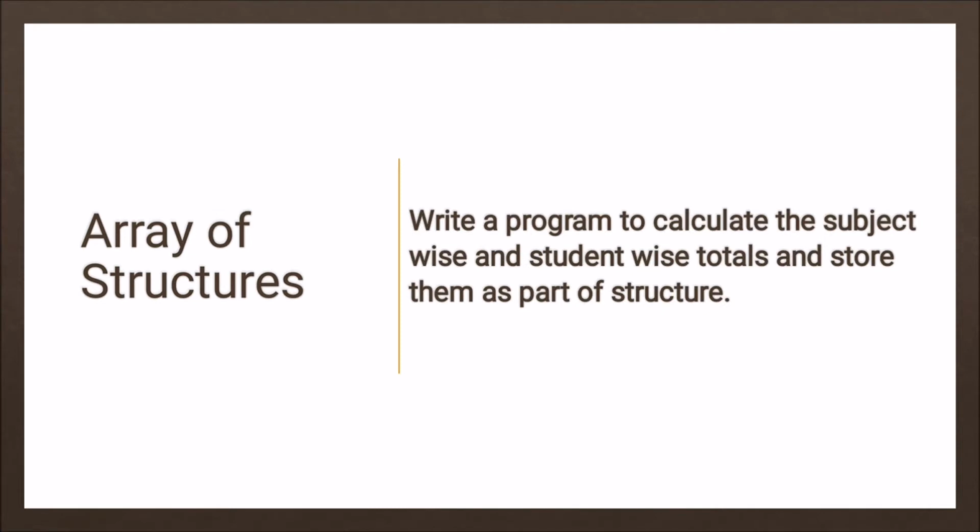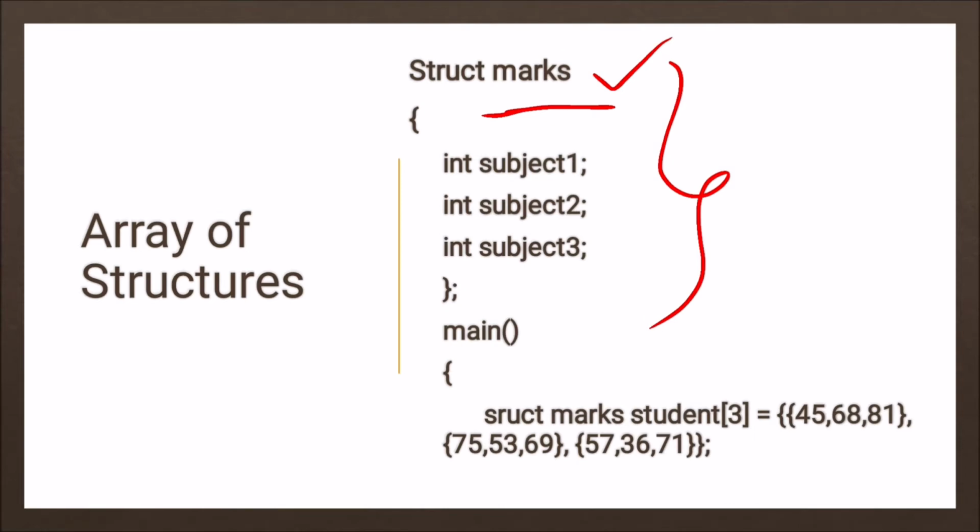Okay. So let us see the example in C: write a program to calculate the subject wise and student wise totals and store them as a part of structure. For example, if student 1 gets marks 45, 68 and 81, then we calculate the summation of the marks of student 1, and we also calculate the summation of subject wise marks, which means that in subject 1 the total marks obtained by all three students.